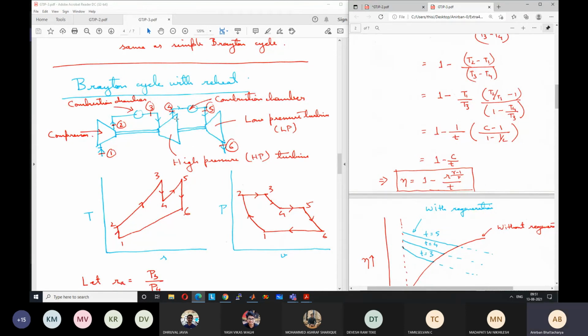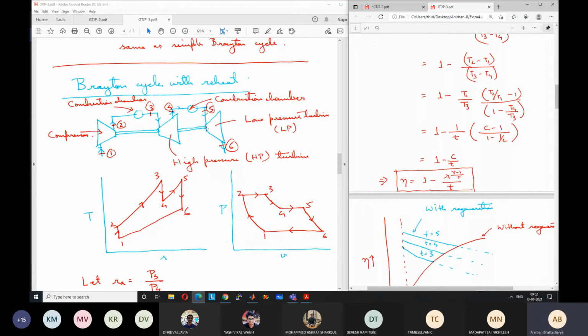We expand in the turbine up to some intermediate pressure, and then we pass these products through a second combustion chamber with additional fuel injection, where additional combustion happens, and again the combustion products are heated to a high temperature. So there is again more scope for extraction of energy.